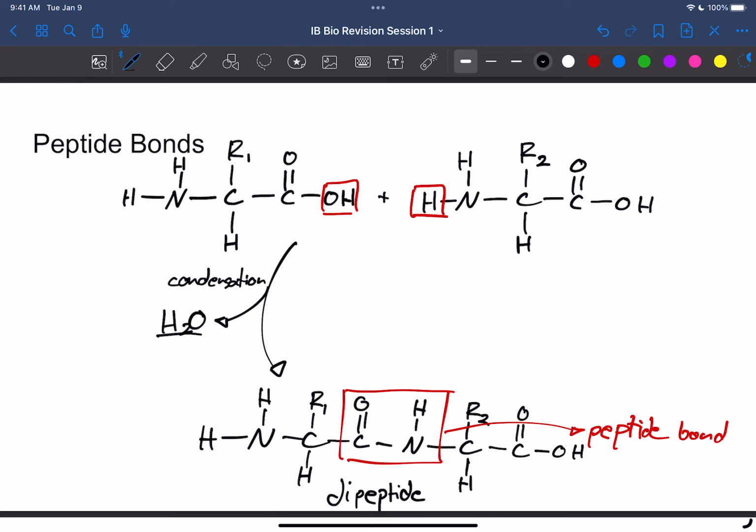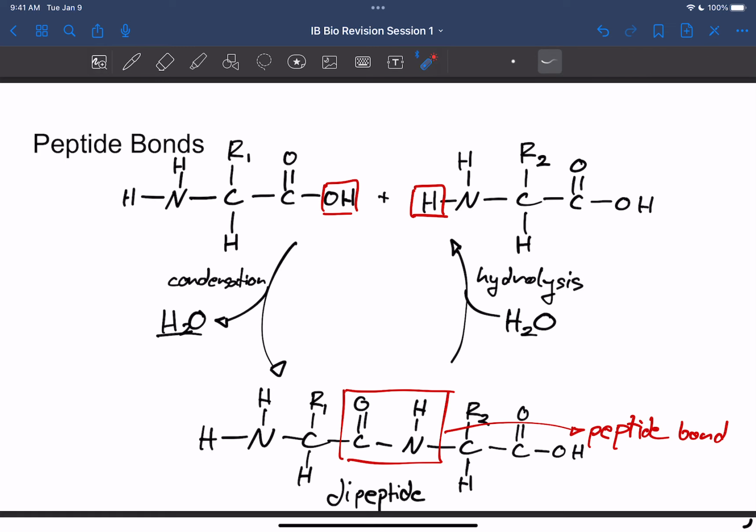Well, sometimes you're going to want to break proteins down, say when you're digesting them in your stomach. And a way to do this is through what's called hydrolysis, which requires a water molecule. The reason why is this water gets in here and attacks, which breaks them in half. It's basically like a pair of scissors, and it gives them that OH group and that H group.